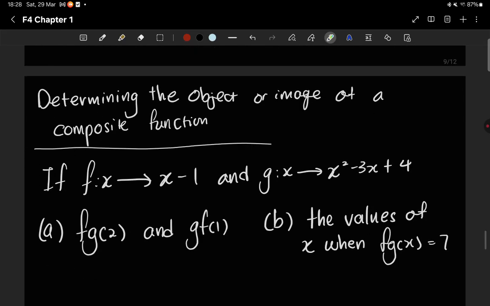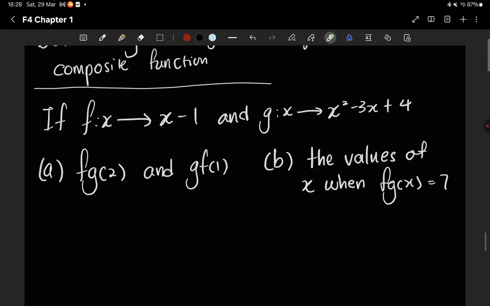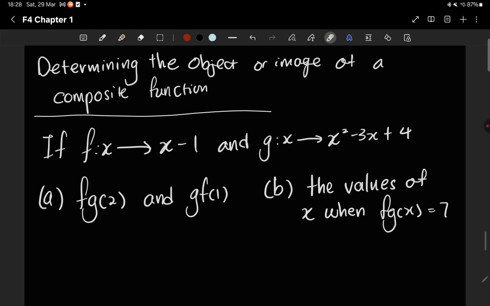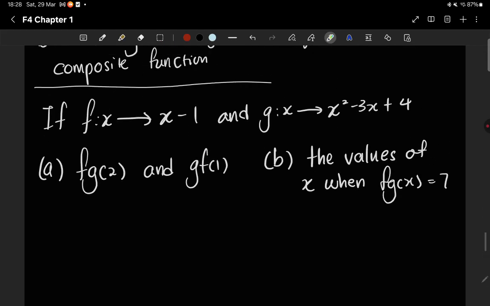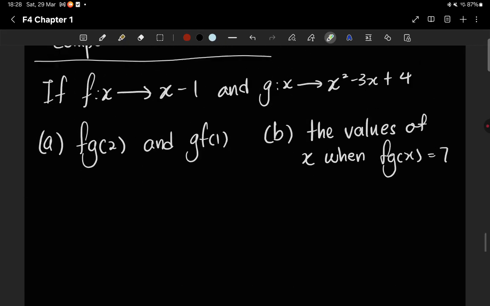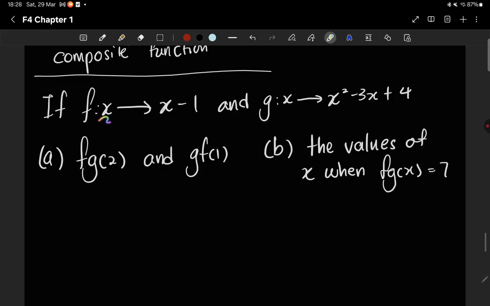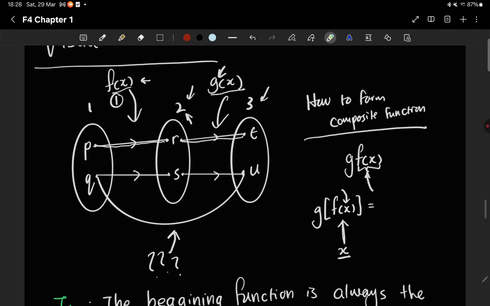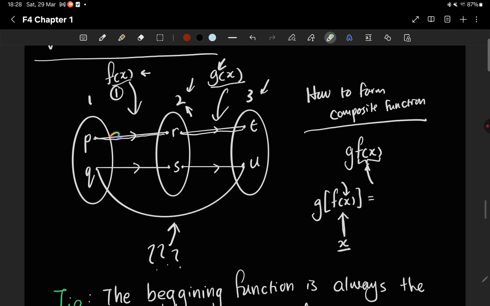Okay, so there are instances where we are given a composite function, but we are to find the image of the function. Like what I said earlier, we are given a composite function, but we have to find the outcome of the input.